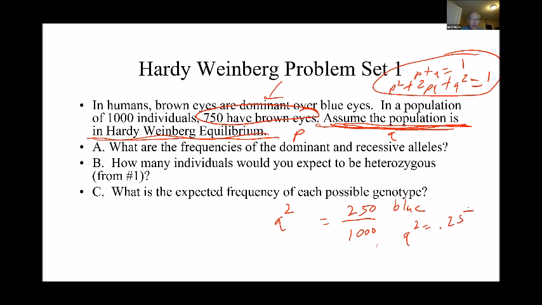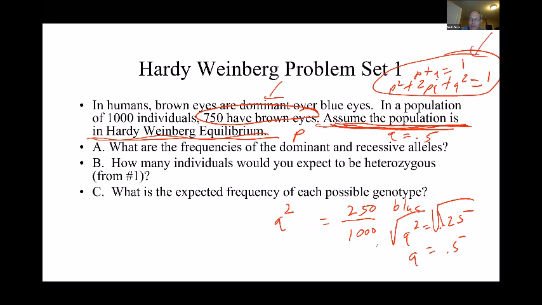Once you get Q squared, the frequency of the homozygous recessive genotype, you take the square root of both sides, and you end up with Q equals 0.5. That's the frequency of the recessive allele, so that's part of our answer to number 1. Now, remember this equation, P plus Q equals 1.